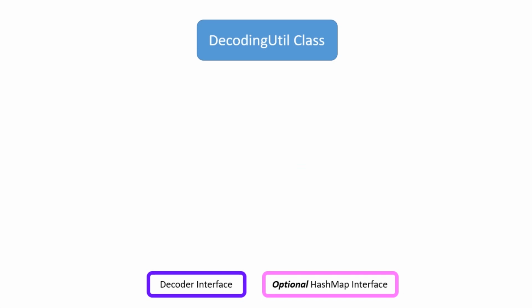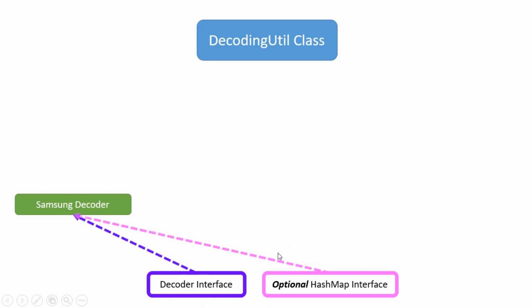We will start by making a class for a single brand. Now we have a class for each brand. We start with Samsung, which has a Samsung decoder, and it will implement this decoder interface and the optional hash map. We will also have an LG decoder, which will implement the decoder interface and optional hash map as well.